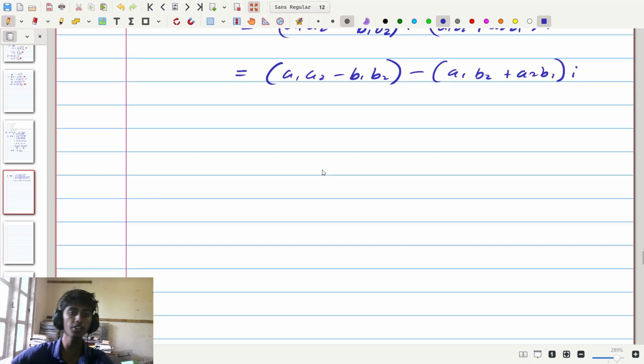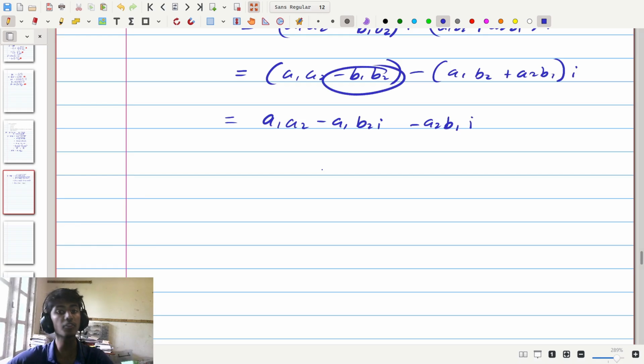Now considering this, if we rearrange this back into the form where we have A1 A2 here, B1 B2 i over here, and the imaginary parts in the middle, we're going to get A1 A2 minus A1 B2 i minus A2 B1 i, and then instead of writing minus B1 B2, I'm going to write plus B1 B2 i squared.